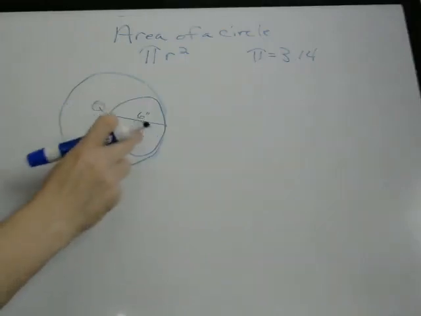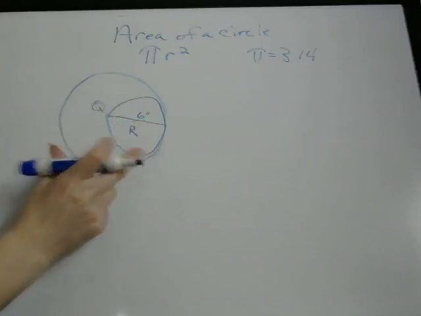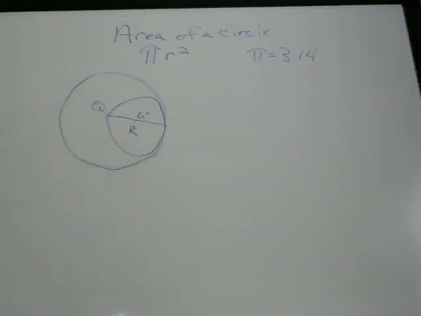So the diameter of the smaller circle R, which is inside a bigger circle Q, is 6 inches.